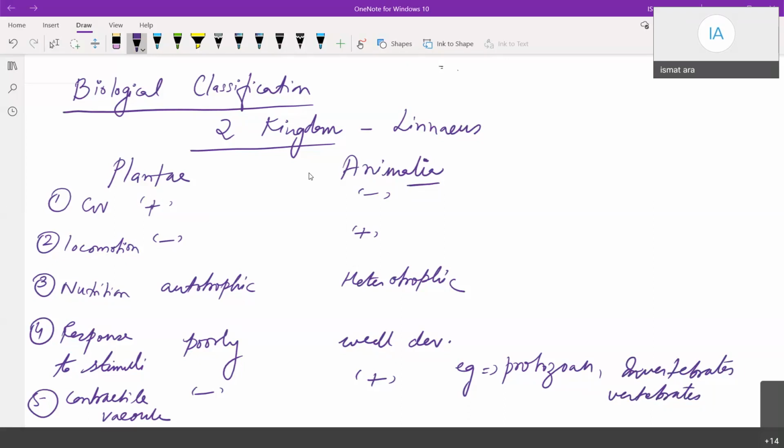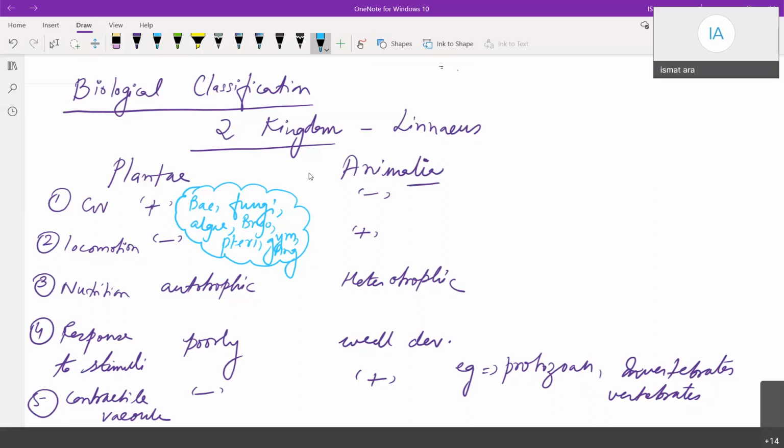Now in plants, what he has done: in plants, he has placed bacteria, fungi, algae, bryophytes, pteridophytes, gymnosperms, as well as angiosperms. All these things he has placed in the plant kingdom. So you can say that this is a demerit of this two kingdom classification.